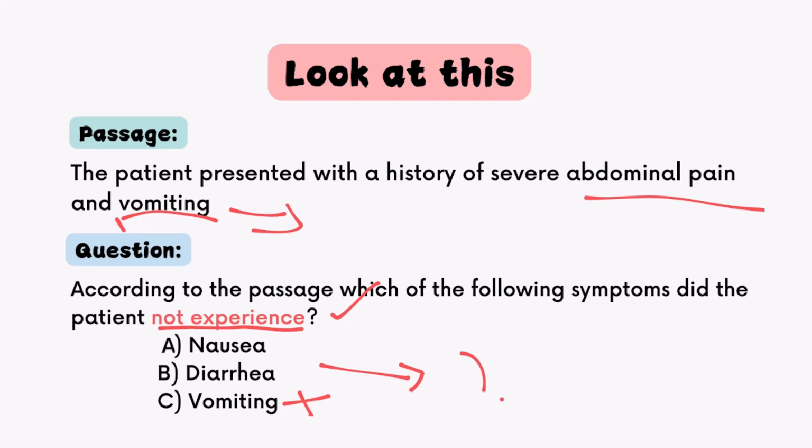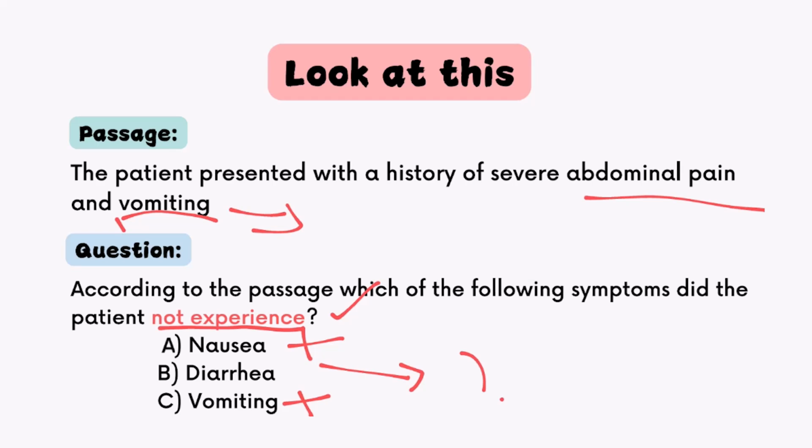But comparing nausea and diarrhea, diarrhea is completely contradictory. It doesn't even suit vomiting or abdominal pain. That's the reason we can eliminate option A, that is nausea, also. And finally, we have only one option, that is diarrhea. So diarrhea is the only symptom the patient did not experience.